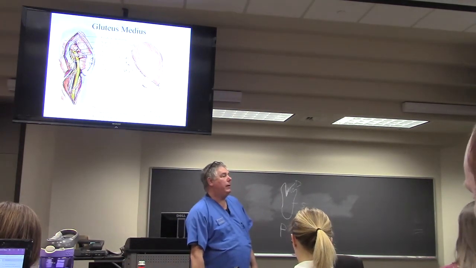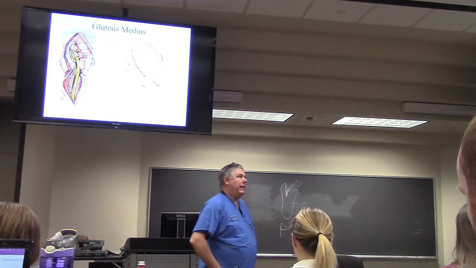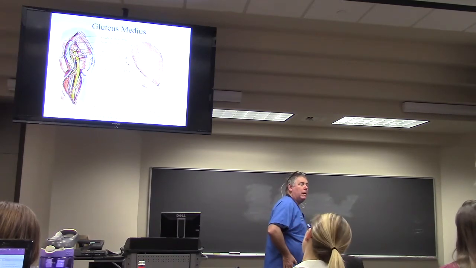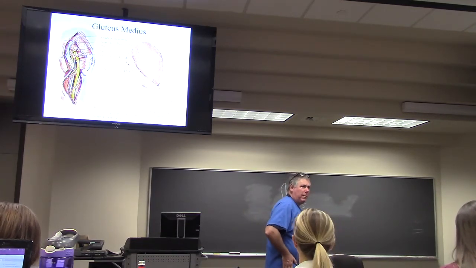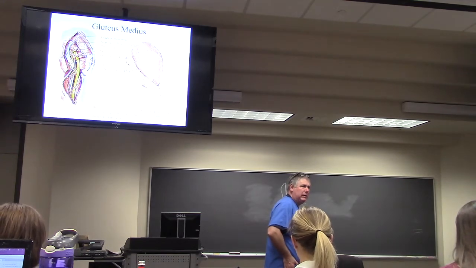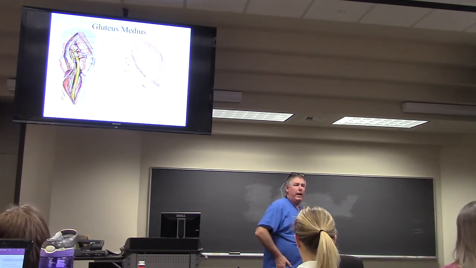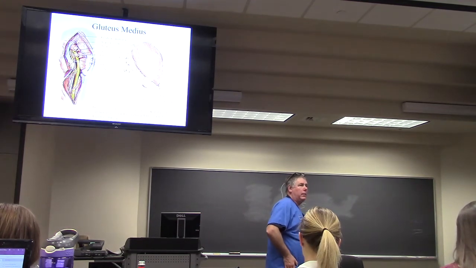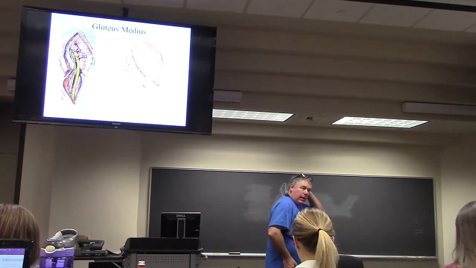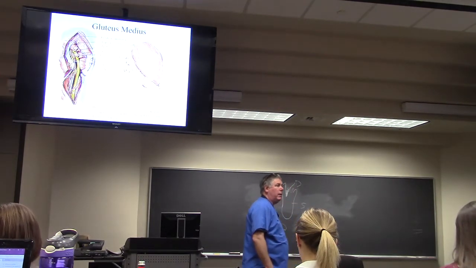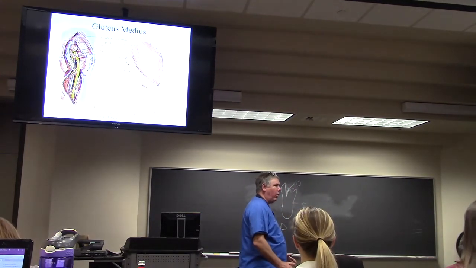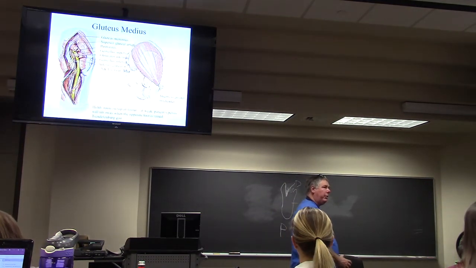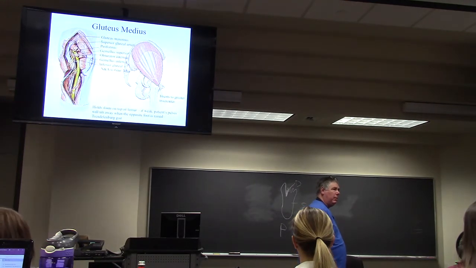One of the things about the medius is that because it's right here, and it's at sort of the midpoint of the iliac crest, it's not a rotator of the thigh as much as it is an abductor of the lower extremity. And because when you walk, if you stop and think about the mechanics of you walking just a second, when you put your foot down, you have to sort of park your pelvis over the femur.